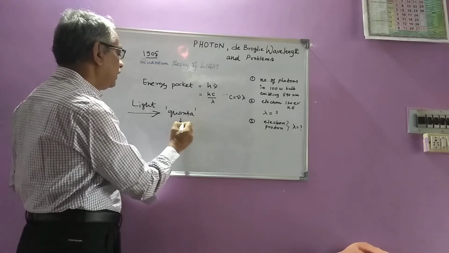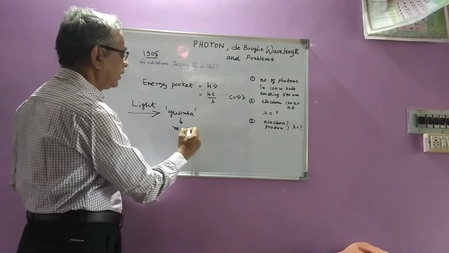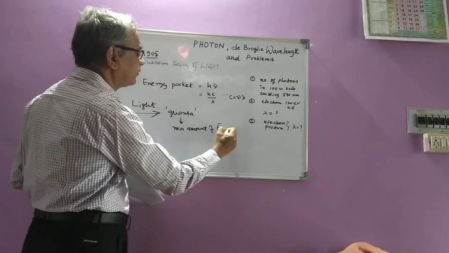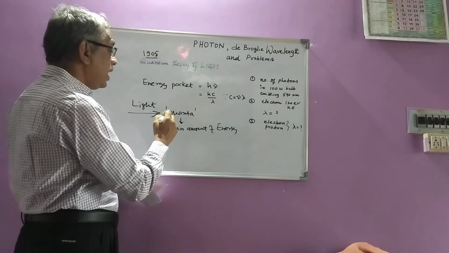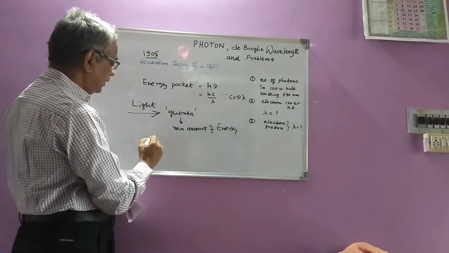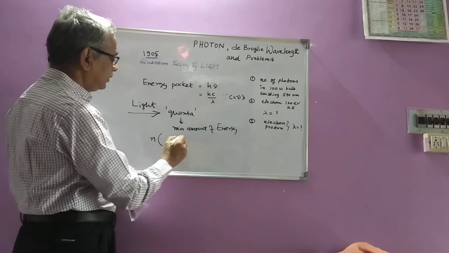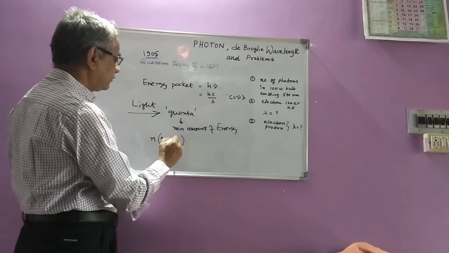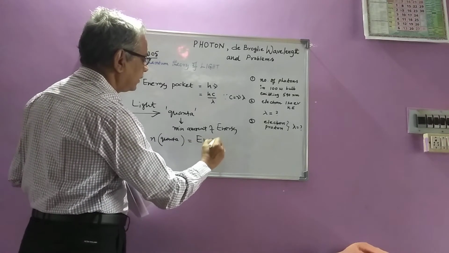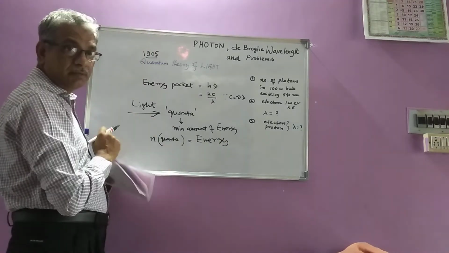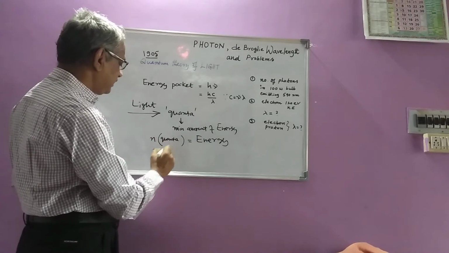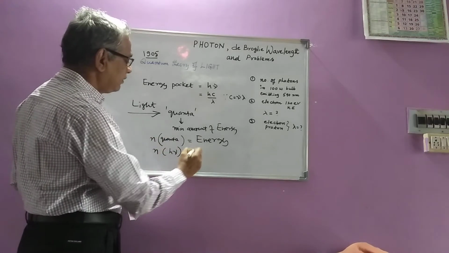Quanta means a minimum amount of energy, and that is known as quantum. And if there is a light, it will have n number of quanta. This will be equal to energy given out by the source, in terms of quantum. This can also be written as n h nu is equal to energy.